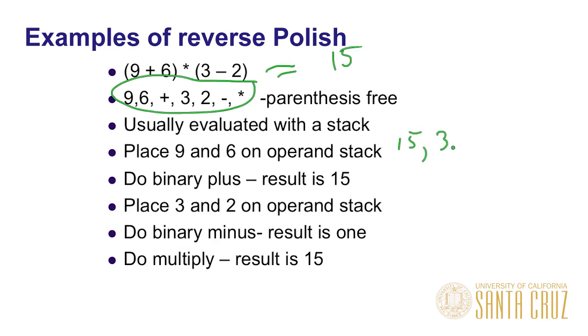comma 3, comma 2, minus, star, times. And the next thing you do is you move along, and now you have 3, 2, minus. So that changes, and now the stack, in computer architecture terms, is put in a stack, and then you would get 15 times 1, and the overall result is 15.